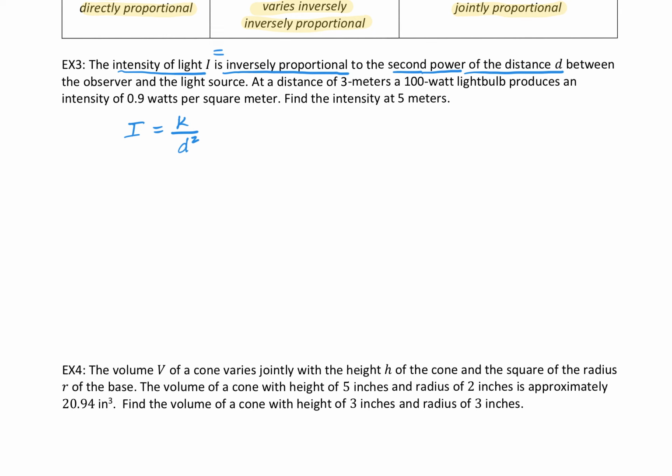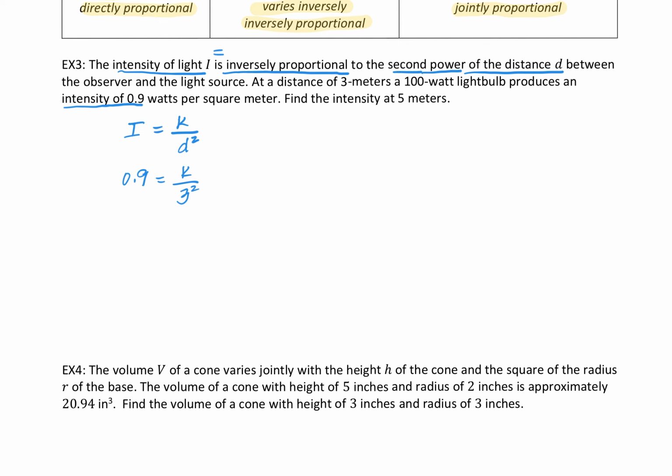So let's stop and think about what we have. We don't know what k is, but we know our distance is 3 meters. So that's going to be 3 squared, because we're squaring our distance. And the 100-watt light bulb, that's just information. It doesn't go into your formula. What goes into your formula is, remember the intensity, our I? It's 0.9.